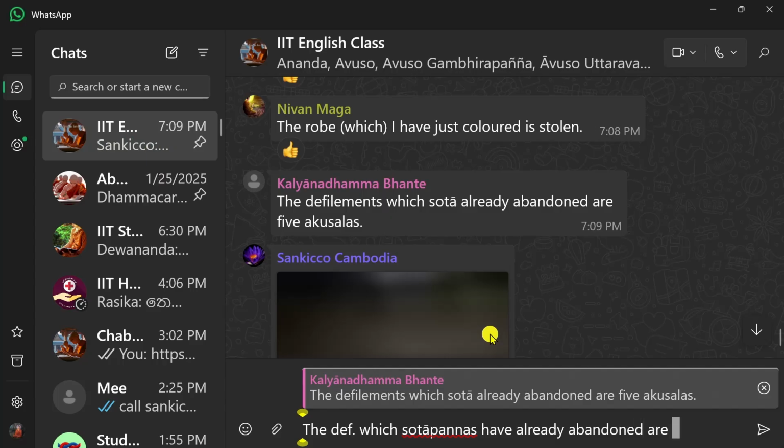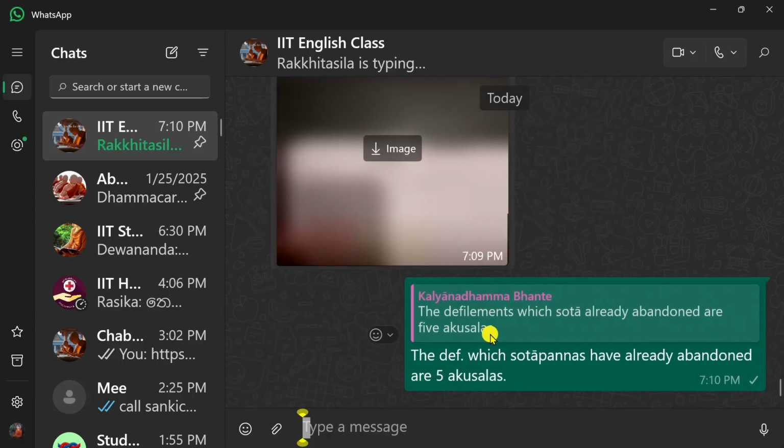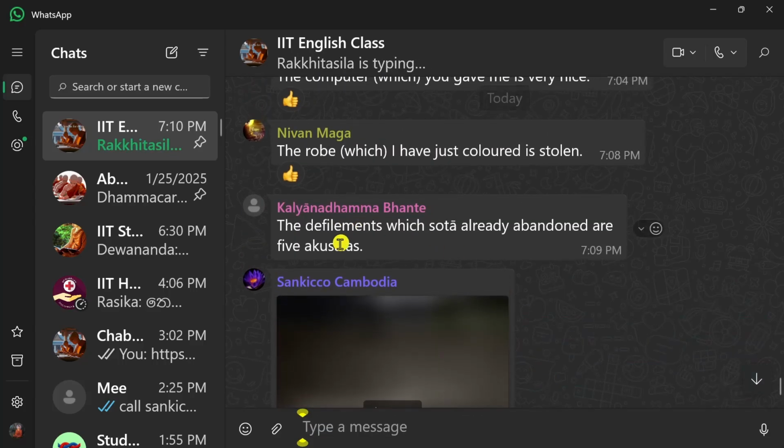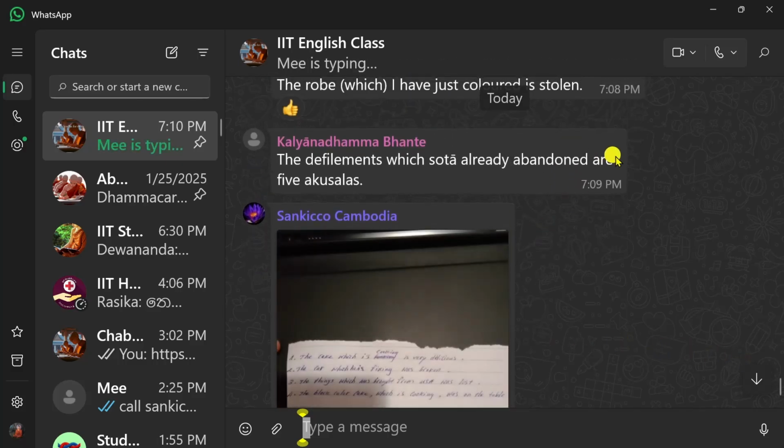Okay? Are 5 akusalas. Okay. So in this sentence, the defilements, we could remove which, right? The defilements Sotapannas have already abandoned are the 5 akusalas. Yes, object. Thumbs up.